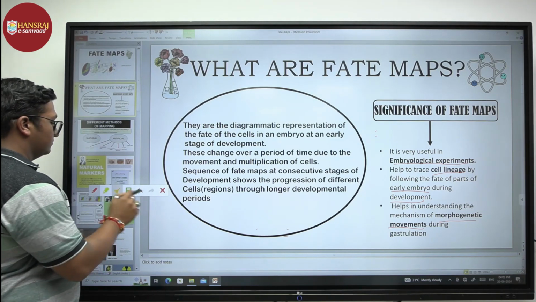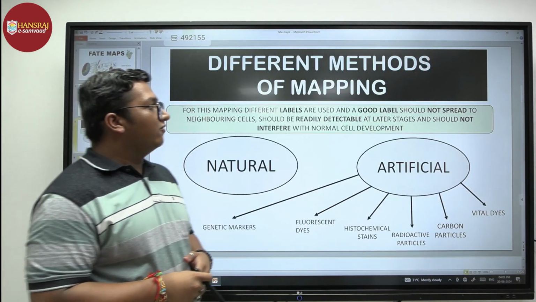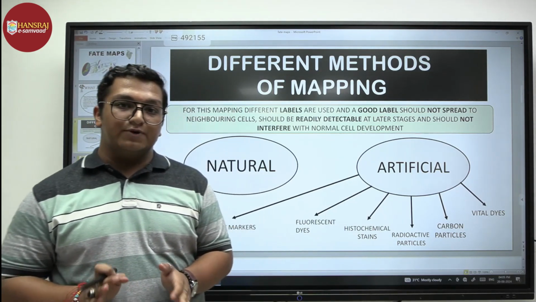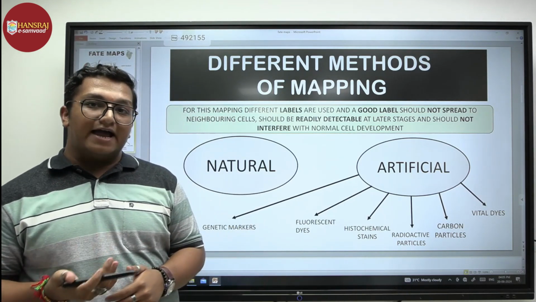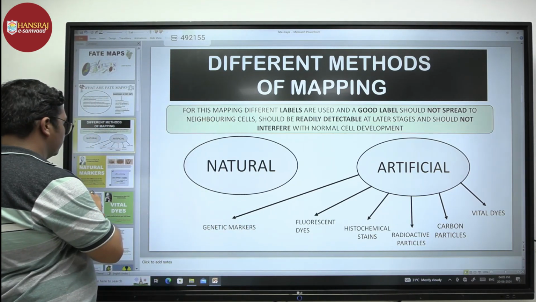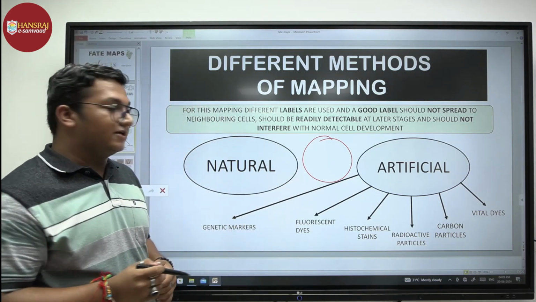Moving further, there are different methods of mapping a cell's development. But what should we know prior to that? Why are we doing fate mapping? Suppose we have a mass of cells here.